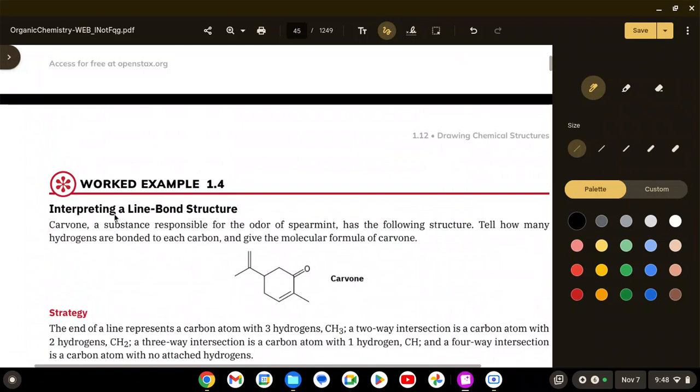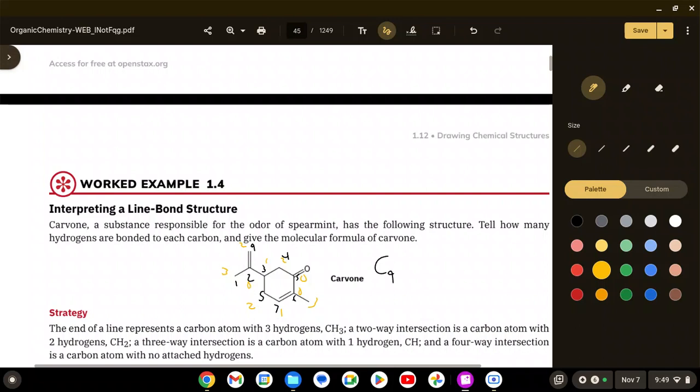Okay. 1, 2, 3, 4, 5, 6, 7, 8, 9. C9. So that's going to be, and then the number of hydrogens I'll do in yellow: 3, 2, 0, 1, 2, 0, 0, 3, 1, 2.